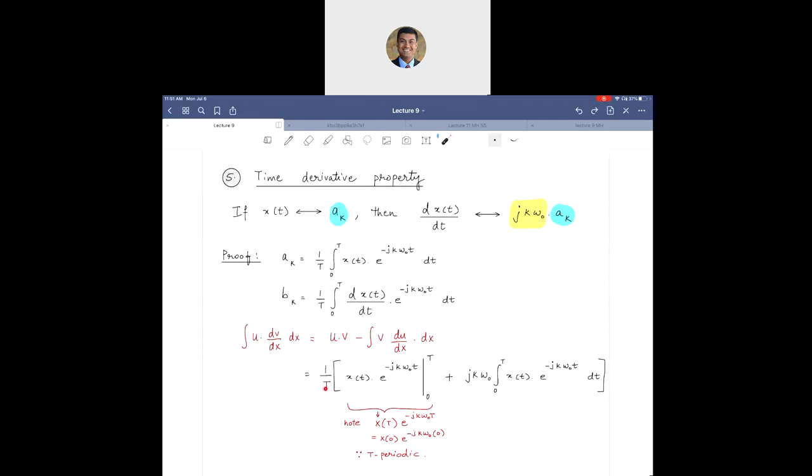I get 1 over T x of t e to the negative j k omega naught t with limits 0 to T, plus j k omega naught integral 0 to T x of t e to the minus j k omega naught t dt. Notice what this is. Let me do it in blue. That is my a sub k. This is my j k omega naught.